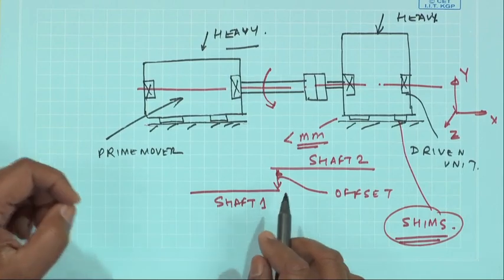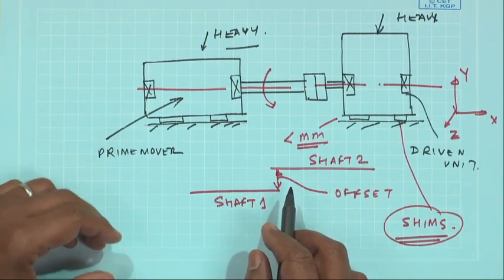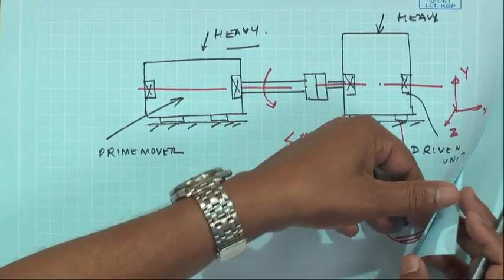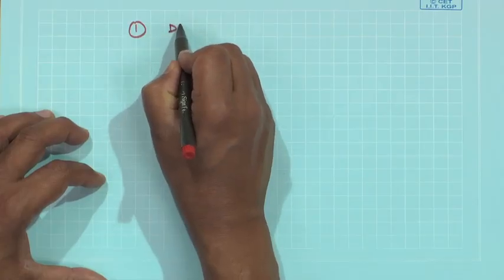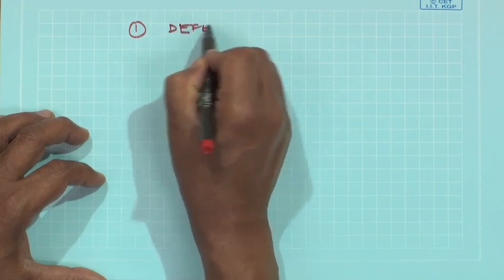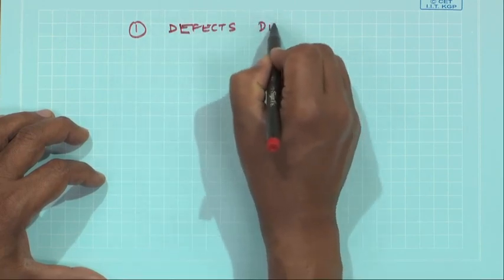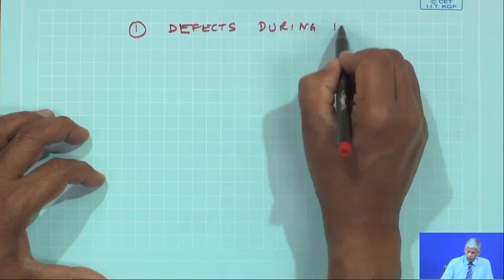Now, how much to put and where to put is something which we will do physically, and these problems occur because of many things. Usually, they are defects during installation of heavy machines.